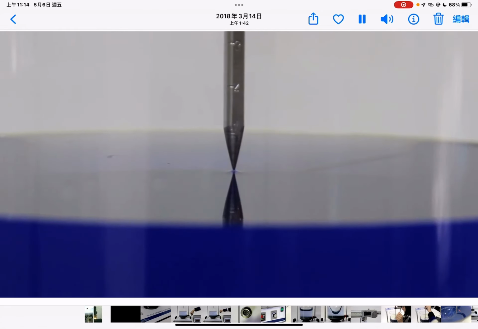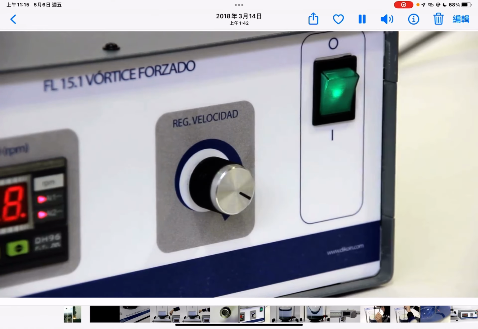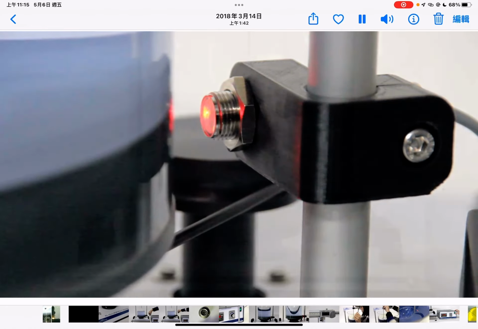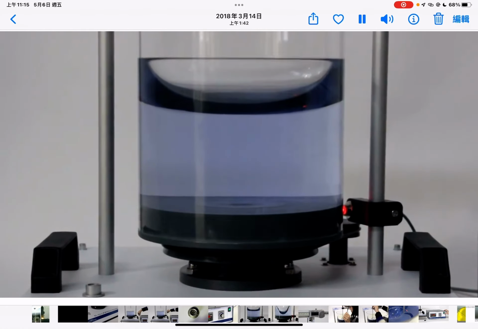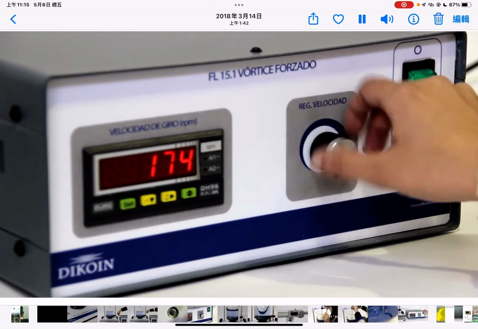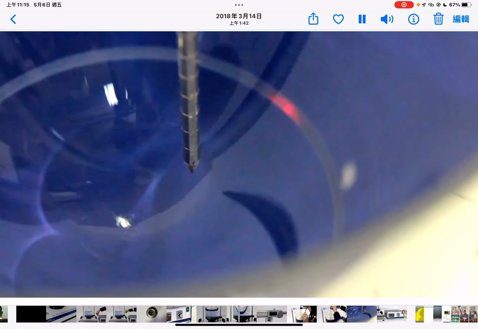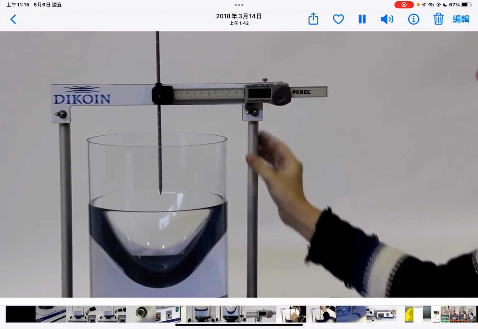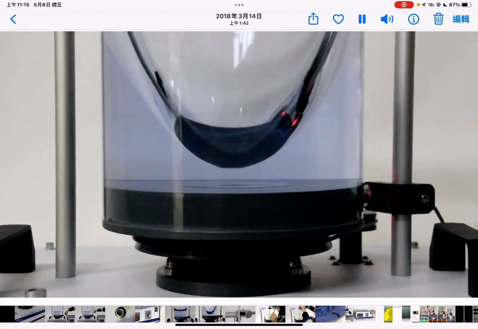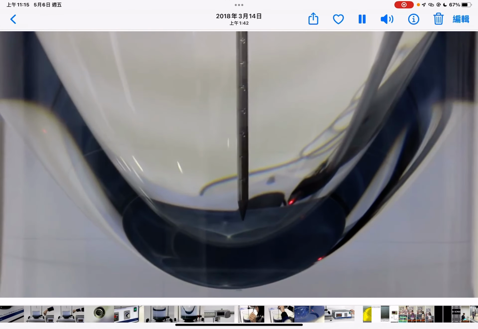The node is fixed, and then you can have the pin and adjust. You can adjust the different omega angular speed, and you can see that for different omega speeds the water surface will change to a different shape. And we can know that a larger angular speed will have a deeper surface profile. And then you have the pin, and then you can measure the different elevations at the different locations.